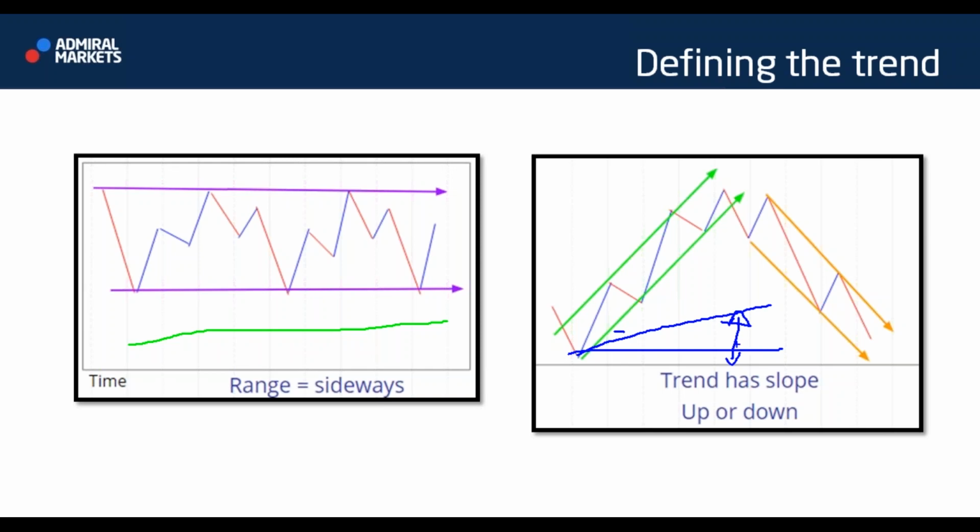Preferably even more, but I would say 20 is the minimum. A 45-degree angle is a pretty steep trend, but those occur definitely as well. So this is more of a steeper trend channel. So the slope is, of course, a very important aspect of it, as I just mentioned, up or down.